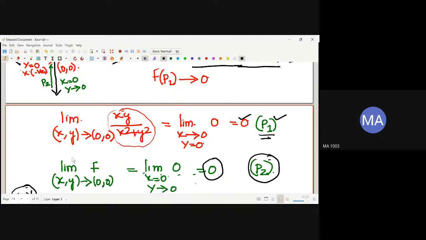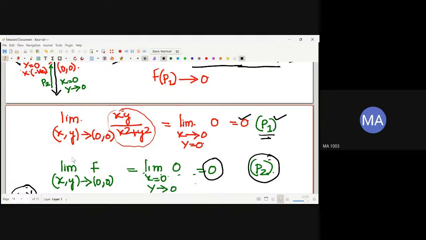But to show that the limit of a function doesn't exist, you can again take two paths, just like I have done for this question.